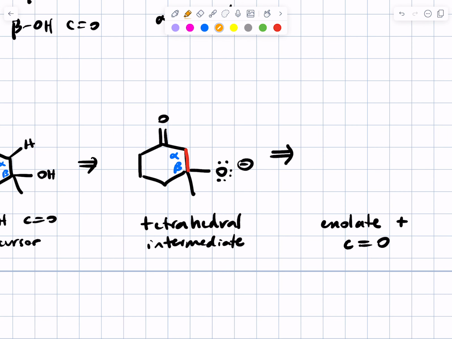So I'm going to highlight in orange the part that was our electrophile, and in purple the part that was our nucleophile. I'm going to redraw the molecule, but the alpha carbon is now negatively charged as an enolate, and the beta carbon is now my ketone electrophile.